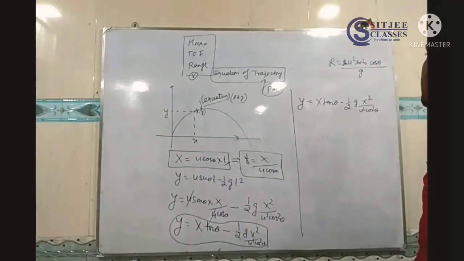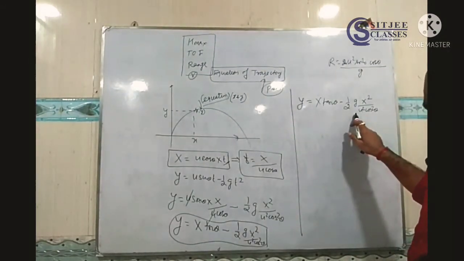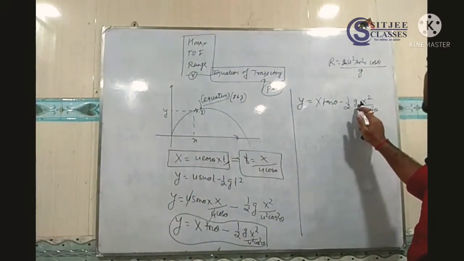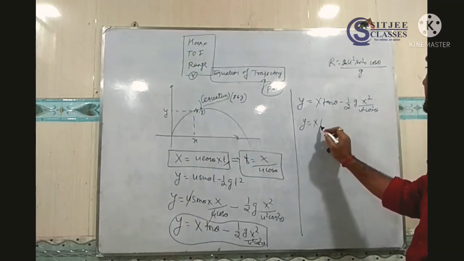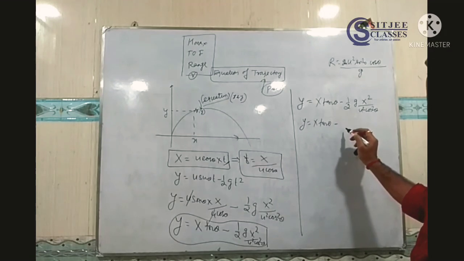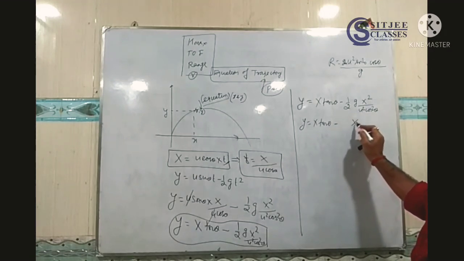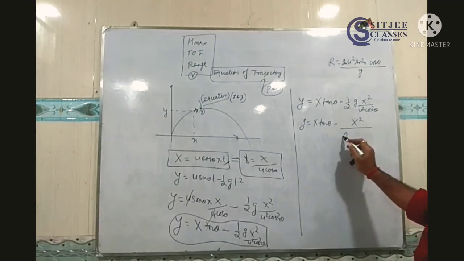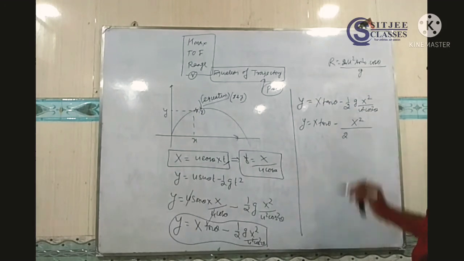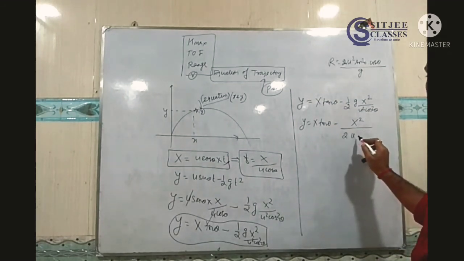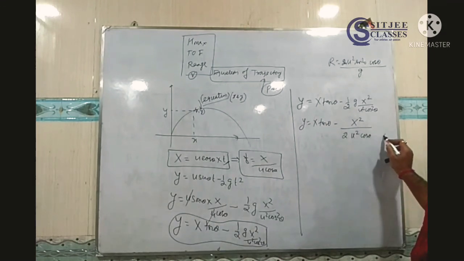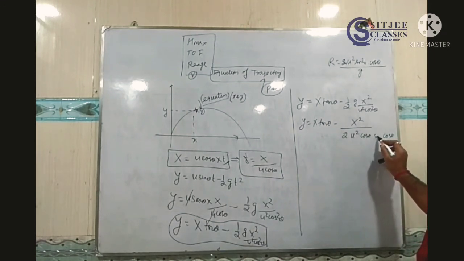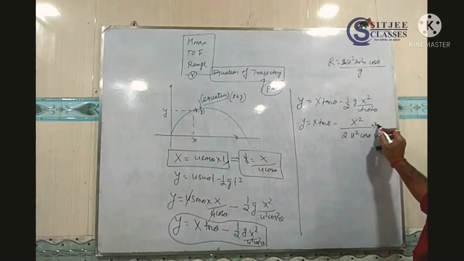So the g part, if I take it down, this is going to be y equals x tan theta minus x square, keep the 2 there. Can you write this as u square cos theta into cos theta, and sin theta.